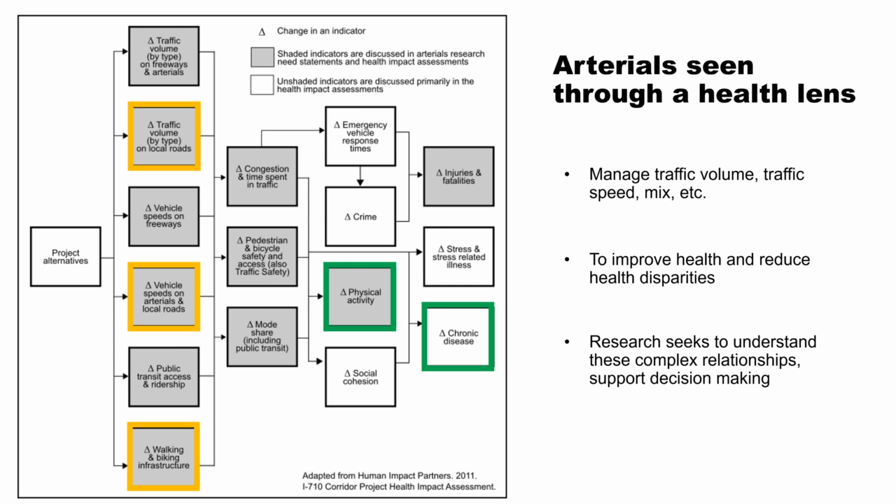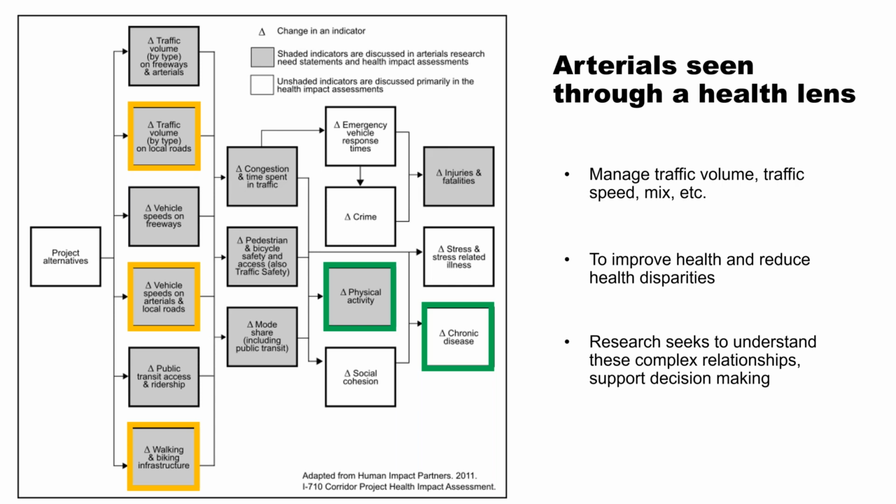And this raises the question of how can we use the even more traditional tools of traffic operations, geometric design, to think about physical activity, chronic disease, as well as something like injury prevention. How can we use traffic engineering essentially to improve health outcomes and reduce health disparities?